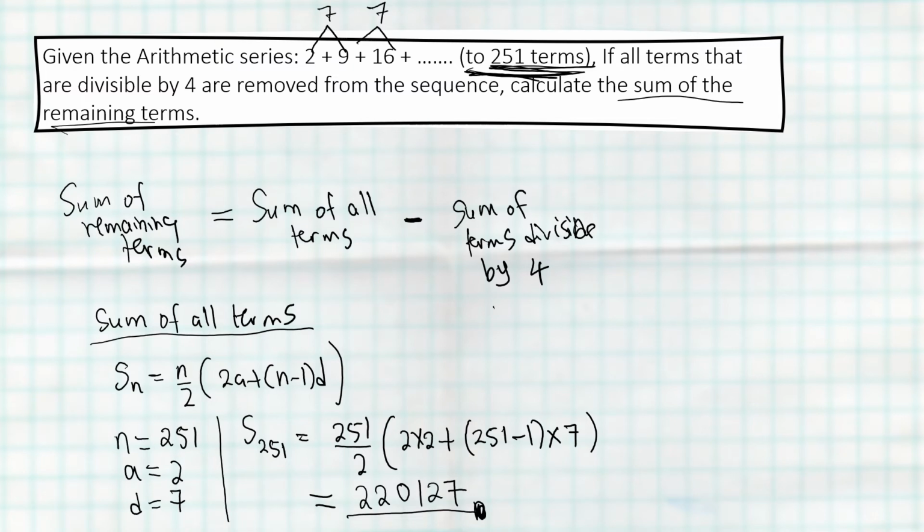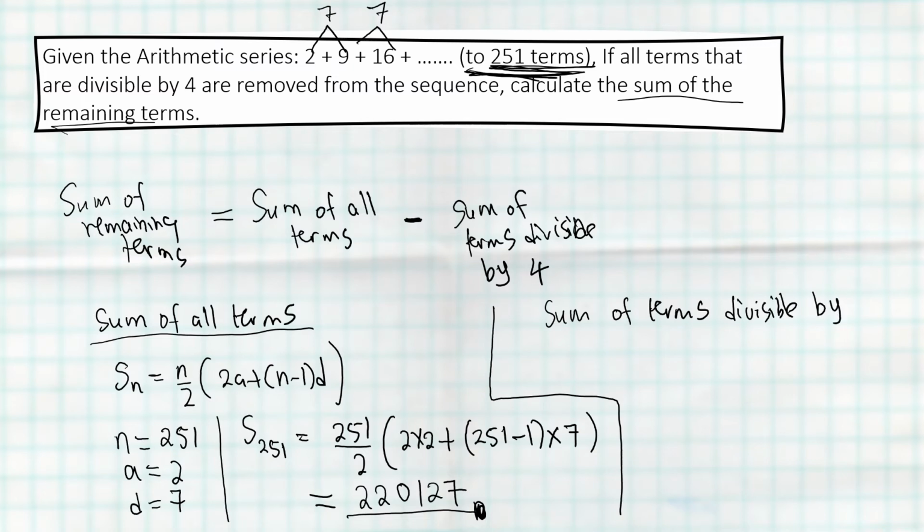Right, now I can quickly go and calculate what? The sum of terms that are divisible by 4. Now, before we get the sum of terms that are divisible by 4, you must know what sequence is formed by the terms that are divisible by 4.